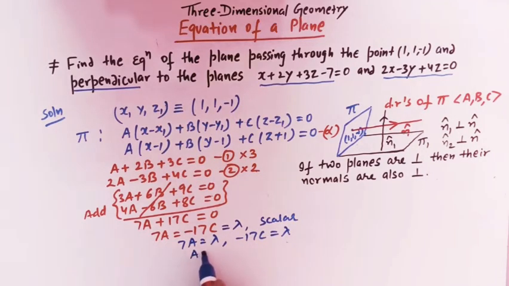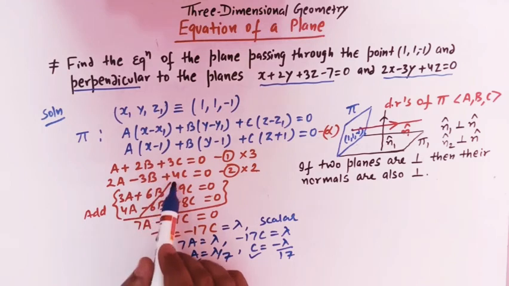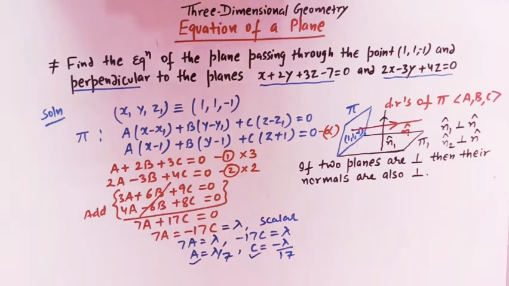So a is lambda by 7 and c is equal to minus lambda over 17. Okay, now we'll substitute the value of a and c, which are now expressed in terms of lambda, either in equation 1 or in equation 2. So let us substitute it in equation number 1.